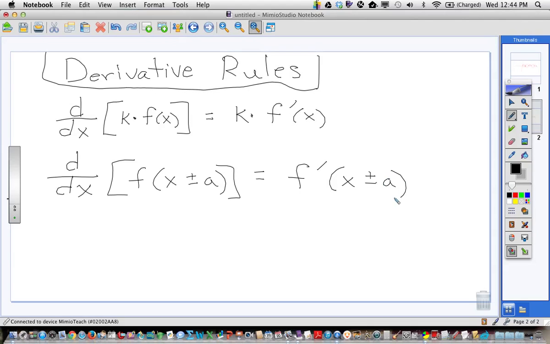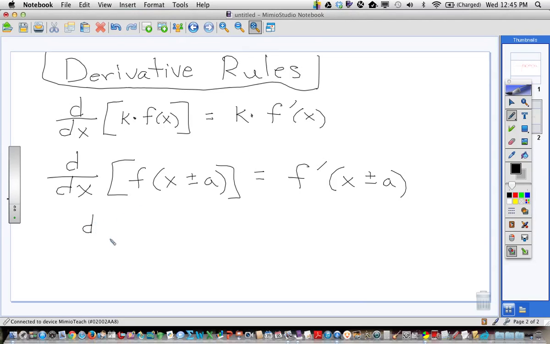As I said, the inside will always stay the same. Whenever we're doing a derivative of a function, we follow the rule, but whatever's on the inside always stays the same. Okay, so if it's sine x, it'll be cosine x. All right? If it's sine of x minus pi halves, then it's cosine of x minus pi halves. The inside always stays the same.